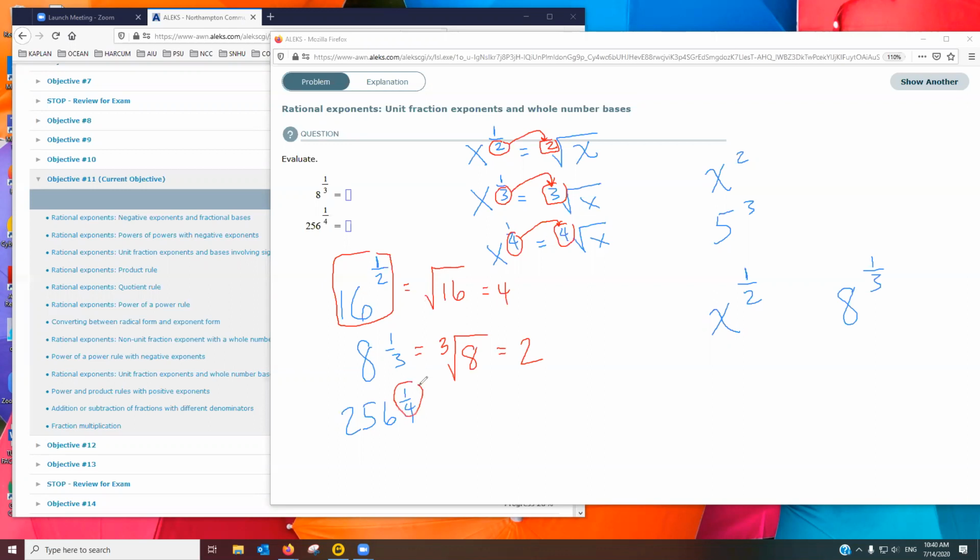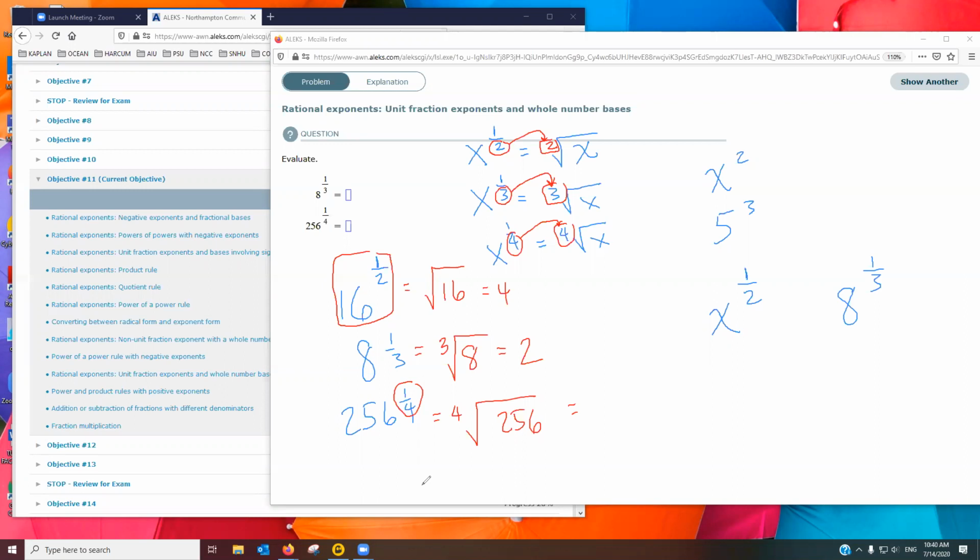And then when you see an exponent that's 1/4, that's the same as the 4th root, so that's the 4th root of 256. That's asking you what number times itself 4 times results in the answer 256.